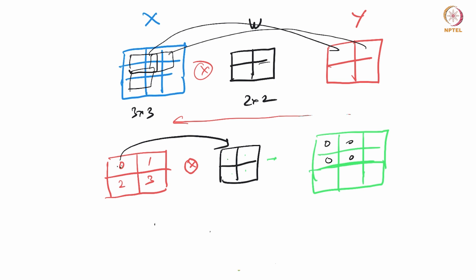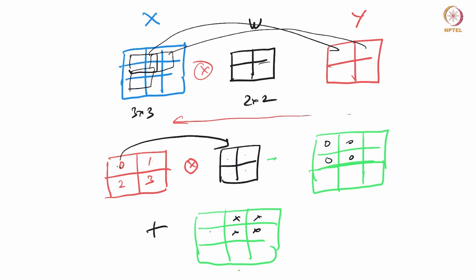Then you make one more of the same size. Now we multiply 1 with each one of these elements: 1 multiplied with this, 1 with that, and that goes directly here.